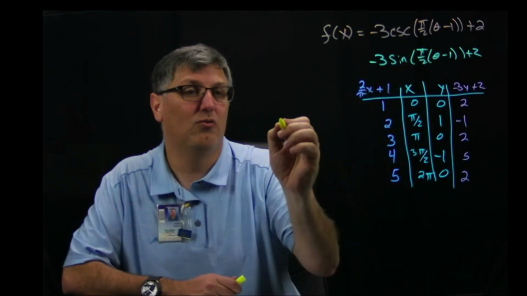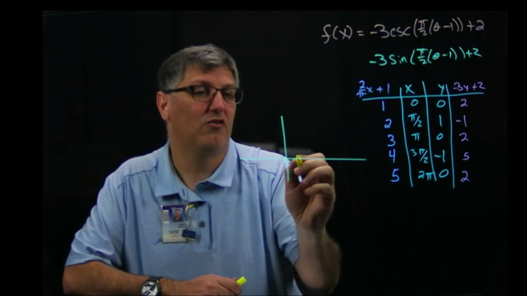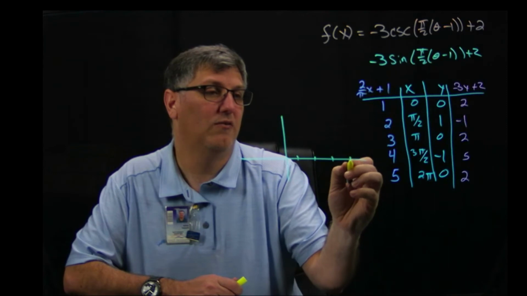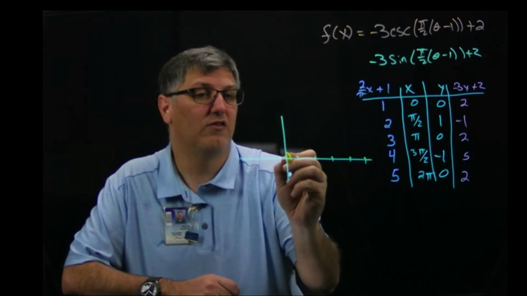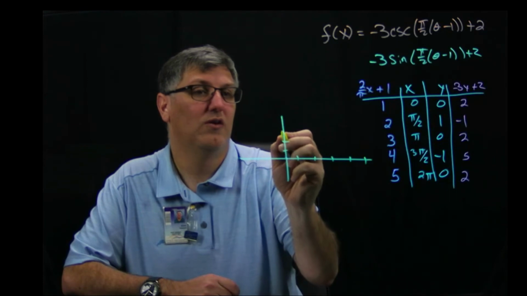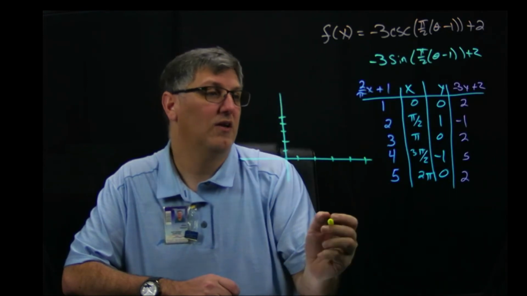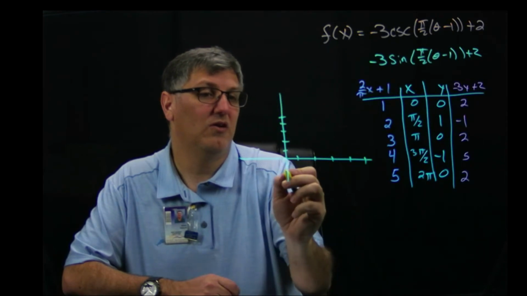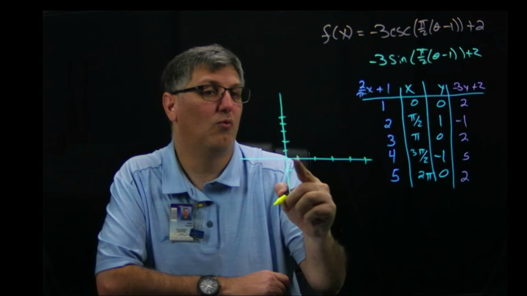So let's do some graphing. Let's call this 1, 2, 3, 4, 5. Let's extend this up to 5 and down to -1, and that should be good. So we're going to go 1, 2.